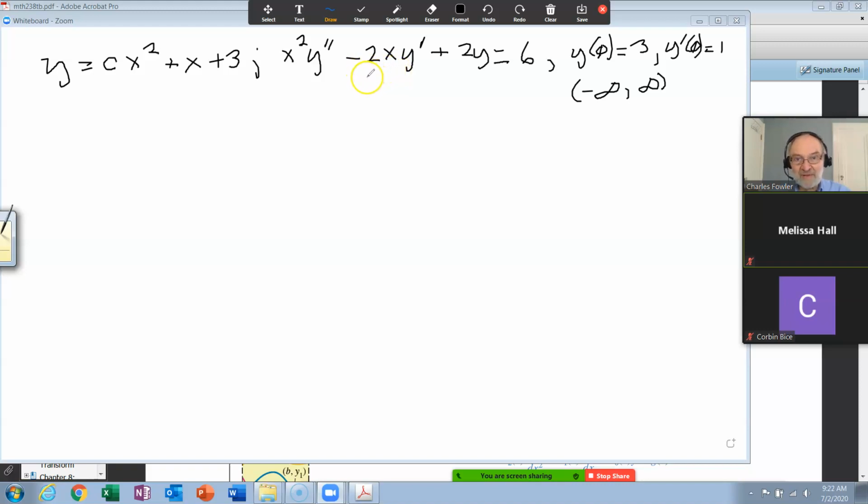The constant function 2 is continuous everywhere. And the constant function 6 is continuous everywhere from negative infinity to positive infinity. Okay, your initial conditions are at the same value. What's wrong with this picture?